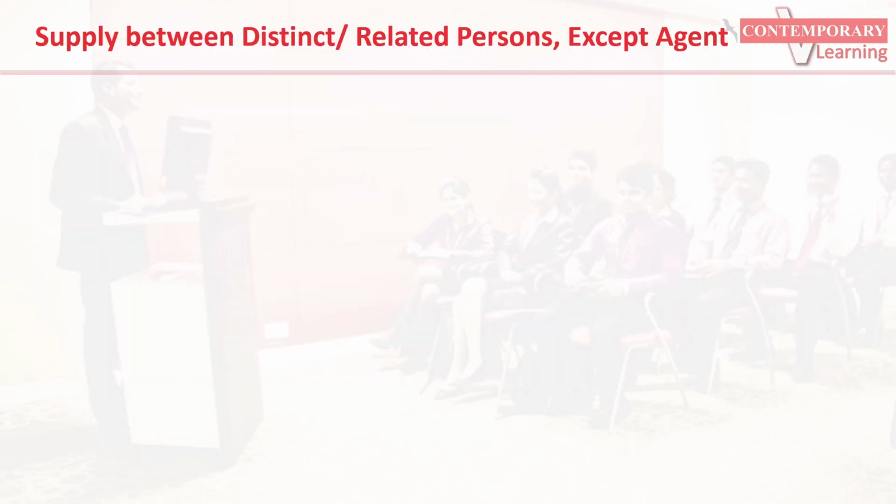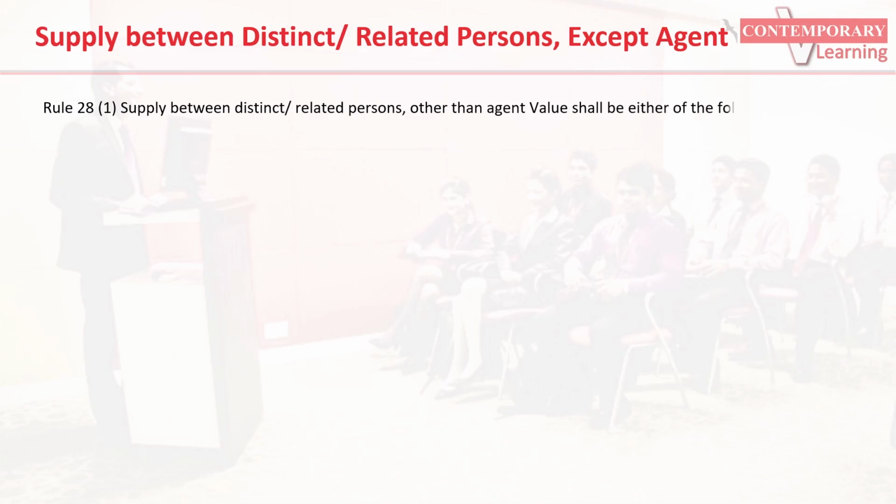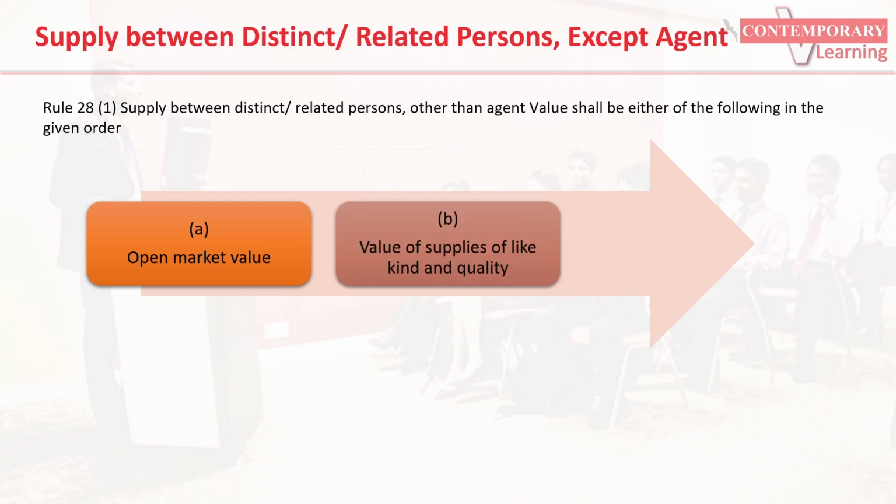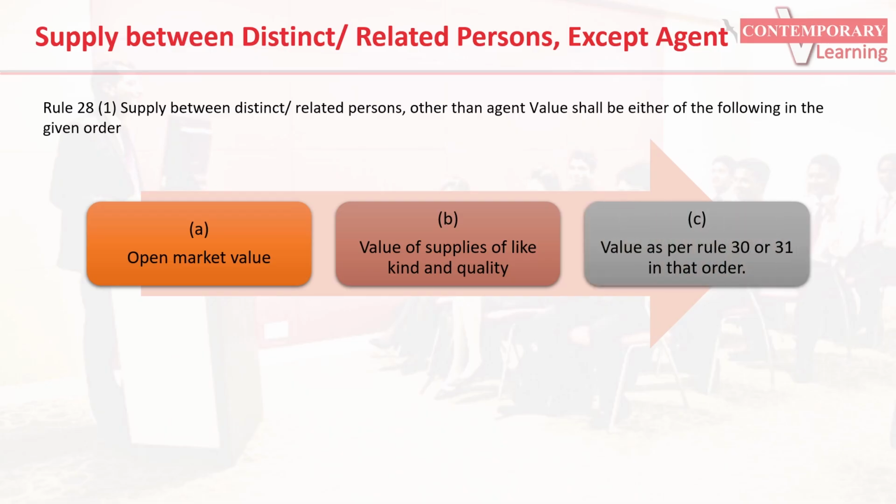For supplies between distinct or related persons, other than agent relationships, Rule 28(1) provides the valuation hierarchy. First, use the open market value. Second, use the value of supplies of like kind and quality. Third, use the value as per Rule 30 or 31 in that order.